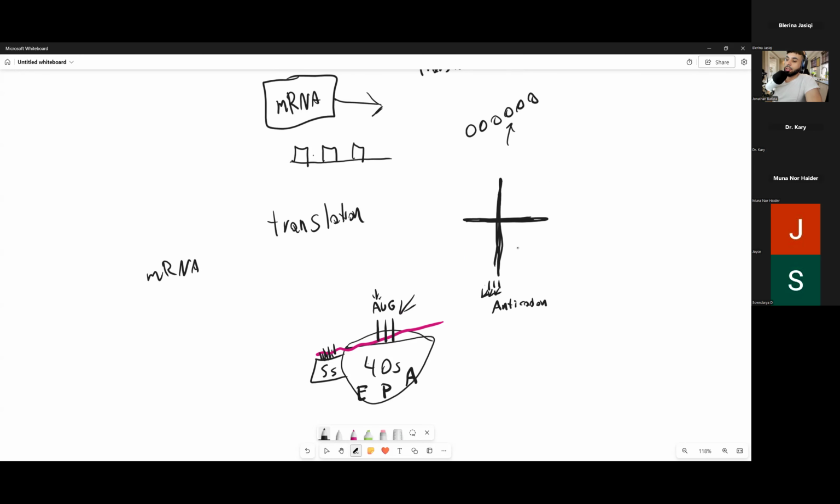Here you're seeing this is the start codon. So it has complementary nucleotides that will have affinity for that. So we would say, let's see, UAC.